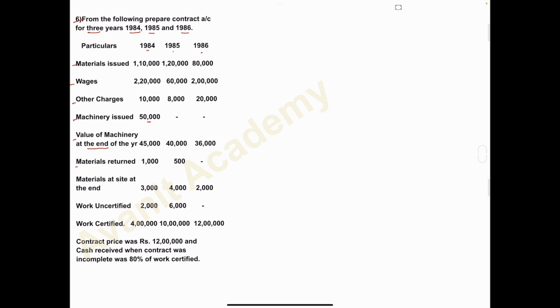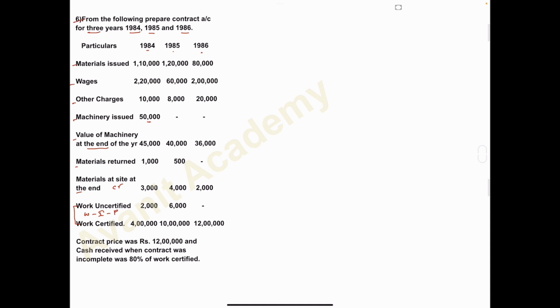Value of machinery at the end of the year, that is the closing value of machinery, material returned, materials at site at the end. This is the closing value of material, which we have to take on the credit side of the contract account. Work uncertified and work certified. So these two things we will take under the head work in progress.